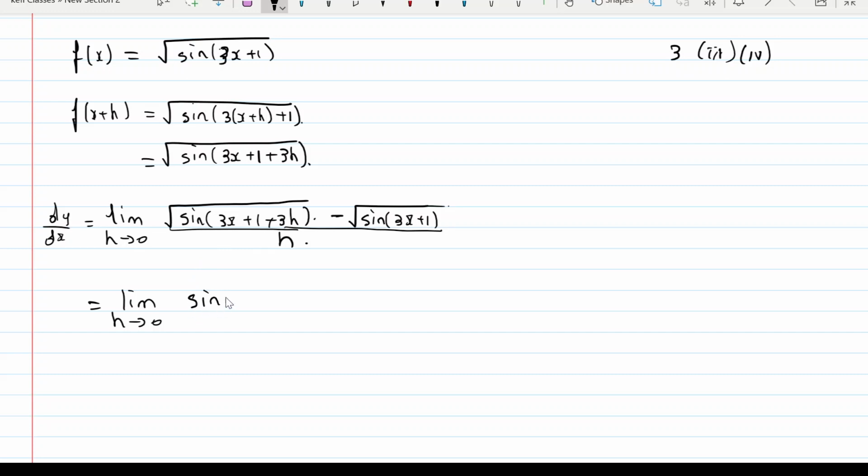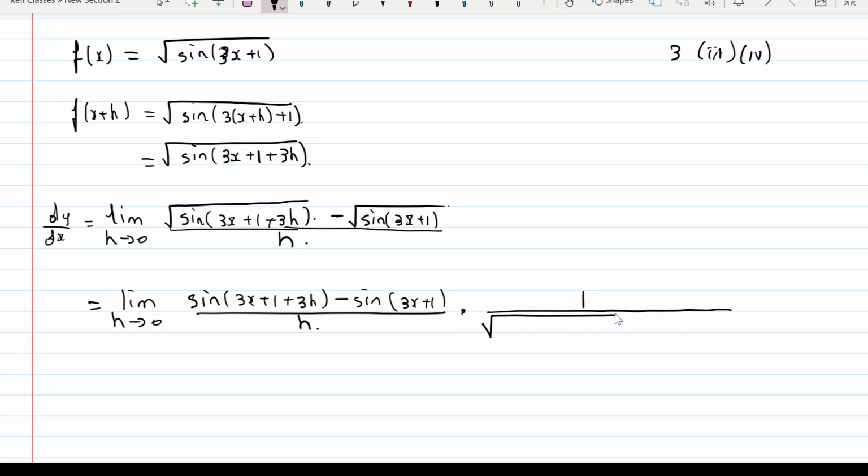So it's sine of 3x plus 1 plus 3h minus sine of 3x plus 1 divided by h into 1 upon root of sine of 3x plus 1 plus 3h plus root of sine of 3x plus 1.